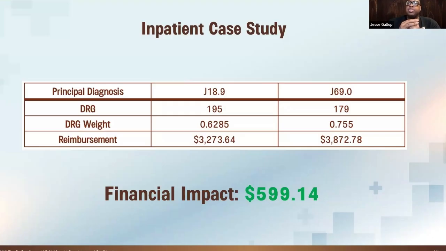So the financial impact from sending that query is a positive financial impact of $599.14. That may not seem like a lot of money, but when you consider all of the millions of hospital encounters, if you can increase the financial impact on your cases, then you're increasing the financial solvency of your organization.